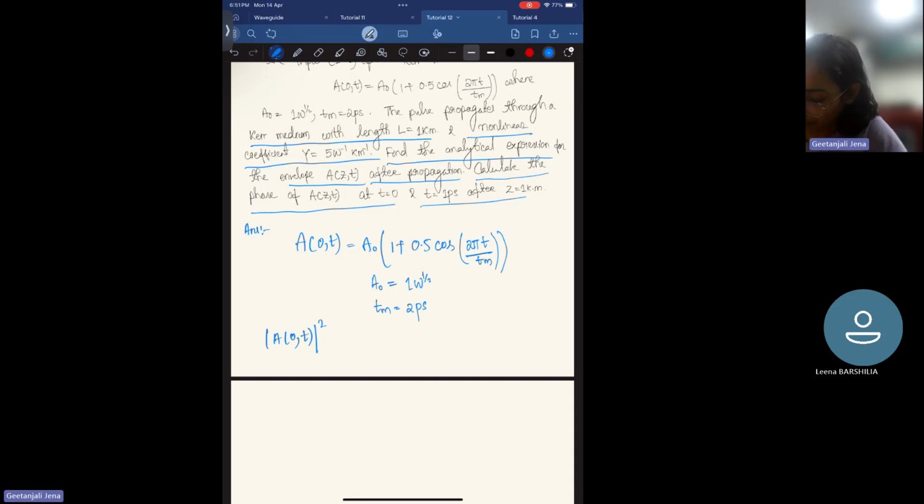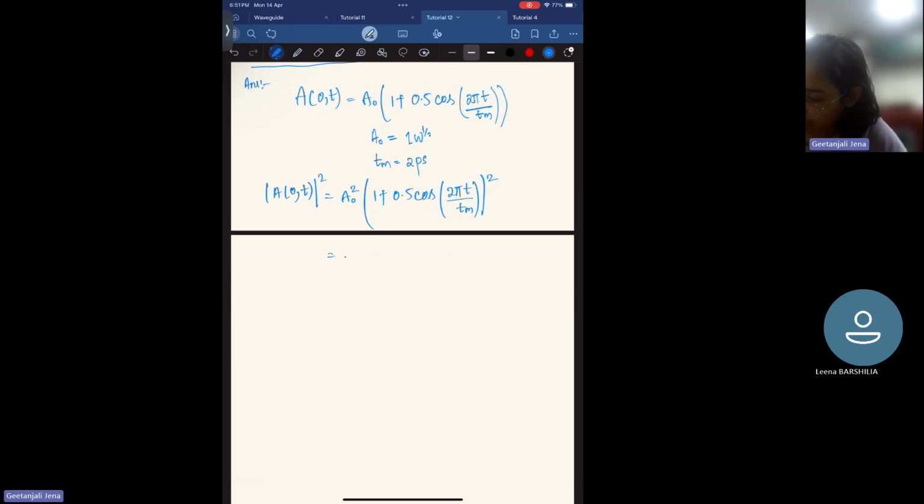If the GVD is 0, then we can say this is A0 squared times (1 plus 0.5 cos 2 pi t by Tm) squared. So you can write it as A0 squared times (1 plus 0.25 cos squared 2 pi t by Tm plus 2ab, which gives cos 2 pi t by Tm).